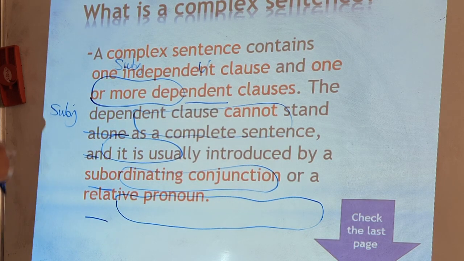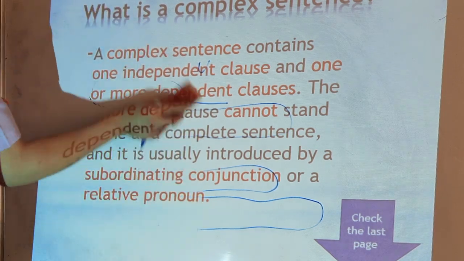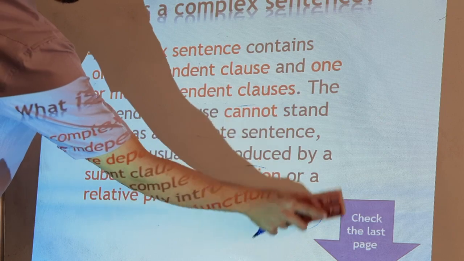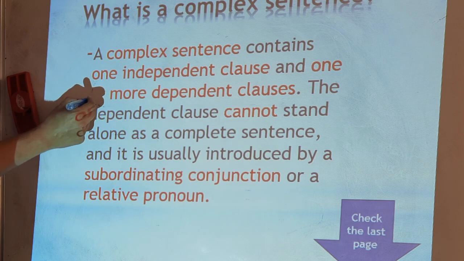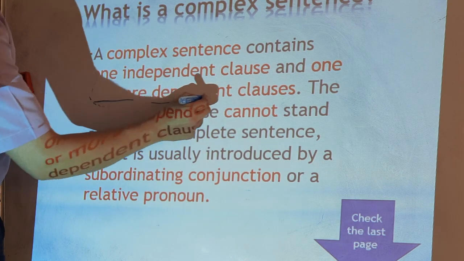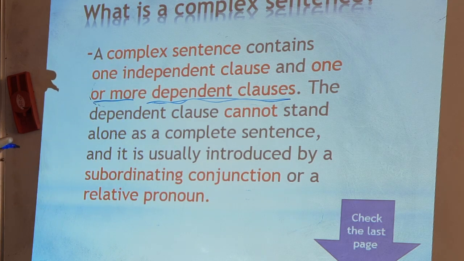to a complex sentence. What do we mean by a complex sentence? A complex sentence contains one independent clause and one or more dependent clauses. So we have understood that an independent clause has a subject and a predicate, and also it serves a meaning.